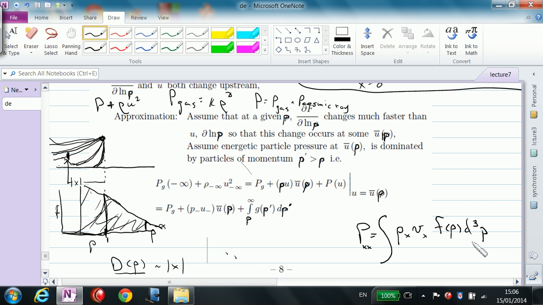This is the expression for pressure, right? Everybody agree? This is the number of particles, and this is the momentum flux in particles of momentum p.